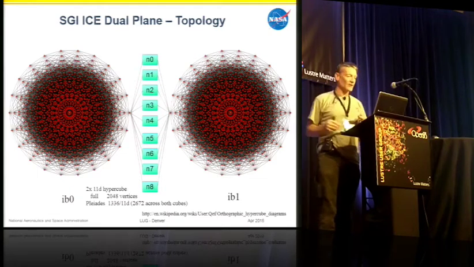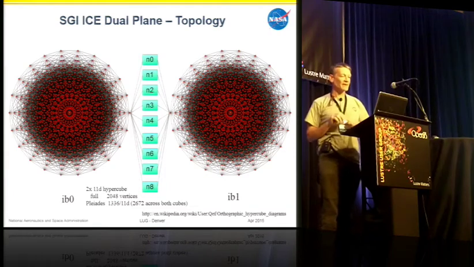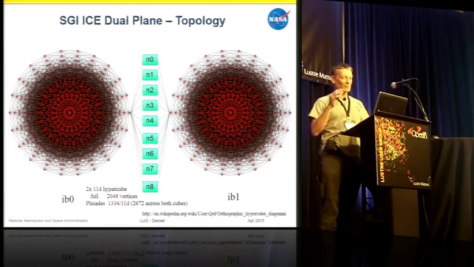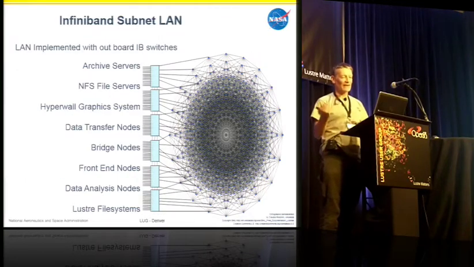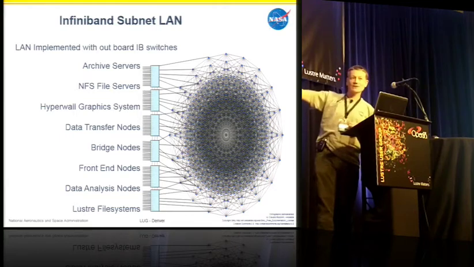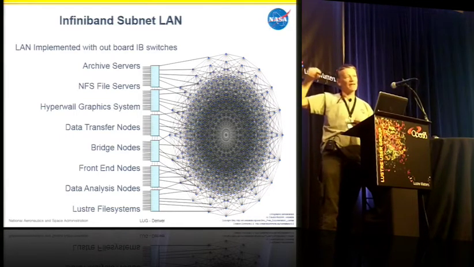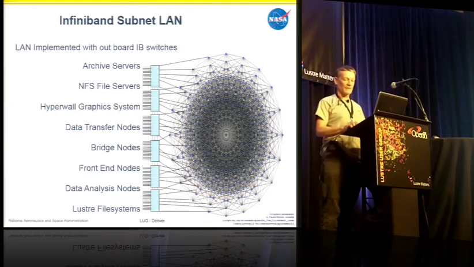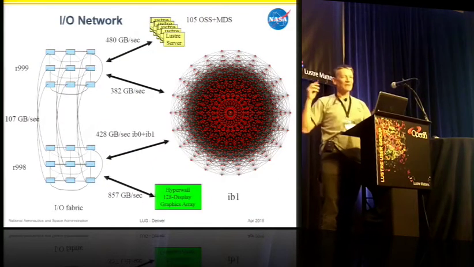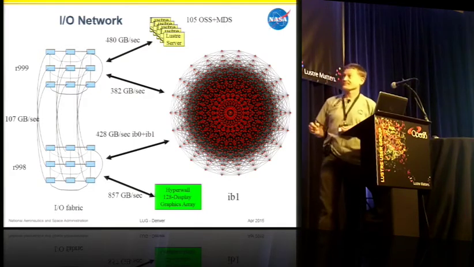There are 2 IB networks, and every node connects to a vertex in that multi-dimensional hypercube. Then we implemented some changes to the subnetting to allow us to hook switching up to that hypercube within the same L2 network. That's what we use to connect all of our I/O infrastructure.